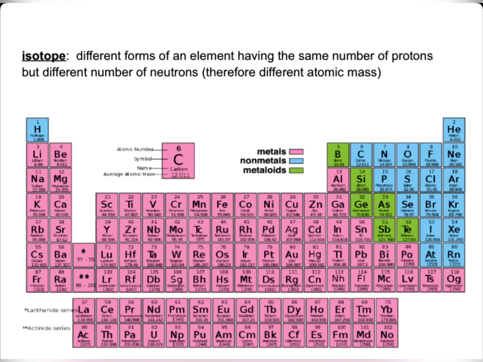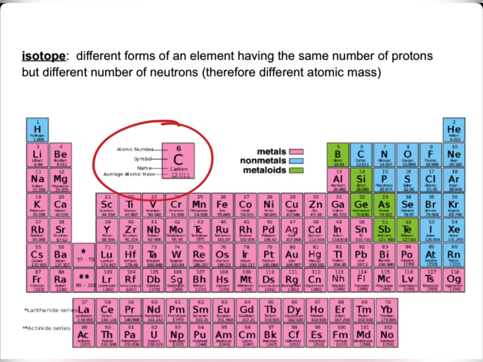Let's take a look at the periodic table and let's focus on one of the elements. Let's focus on carbon. Now, carbon has 3 different isotopes, but all of the different forms have the same atomic number 6, which means that carbon has 6 protons.